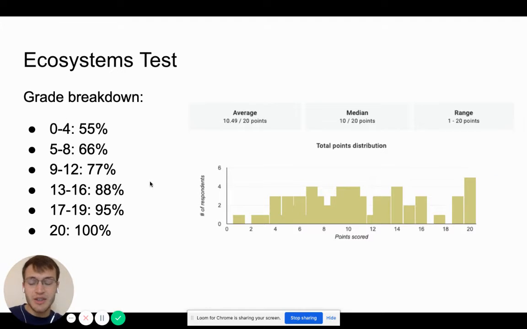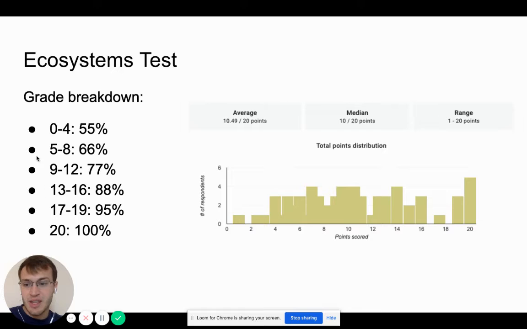If you look at your grades on Student Backpack, I think that's what the app is called, you'll notice that your score is somewhere between 55% and 100%. So your score on Student Backpack does not necessarily match the score that you got on this test.